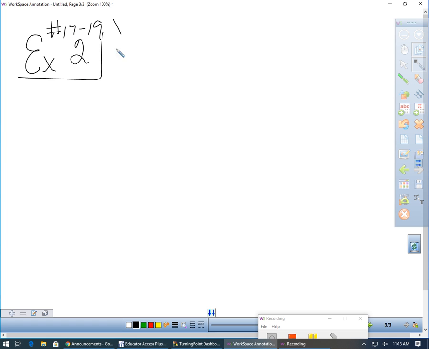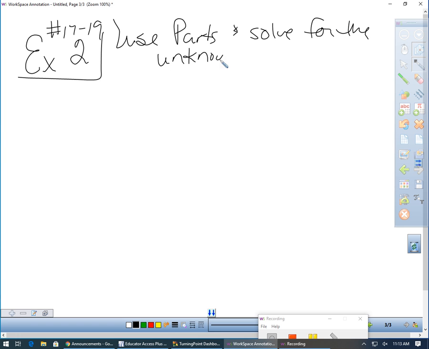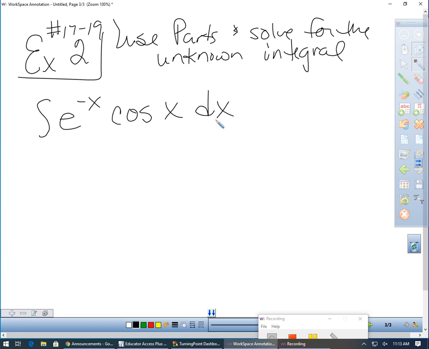It says to use parts and solve for the unknown integral. So let's say I have the integral of e to the negative x cosine x dx.